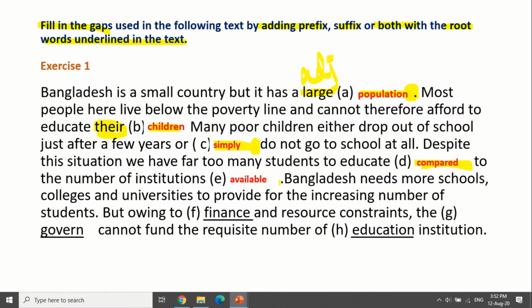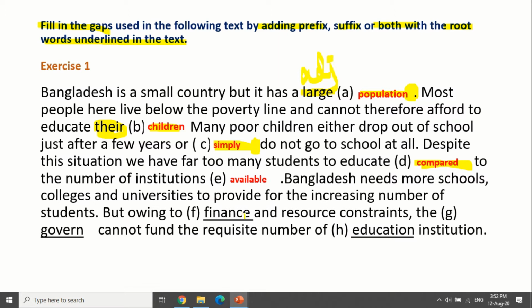So the next line is, Bangladesh needs more schools, colleges, and universities to provide for the increasing number of students. But owing to finance and resource constraints, the government cannot fund the requisite number of education institutes. So this is comparatively a bigger sentence, right? So let us focus on the underlined words one by one.